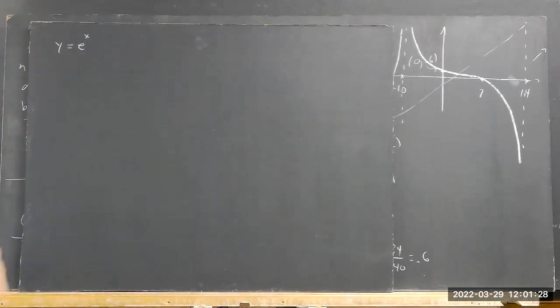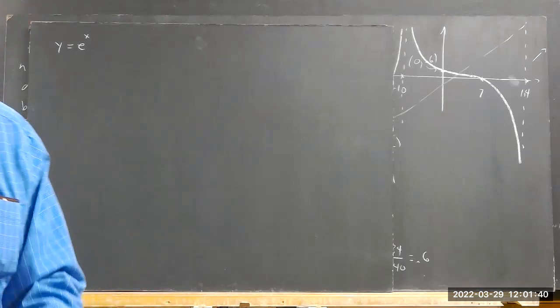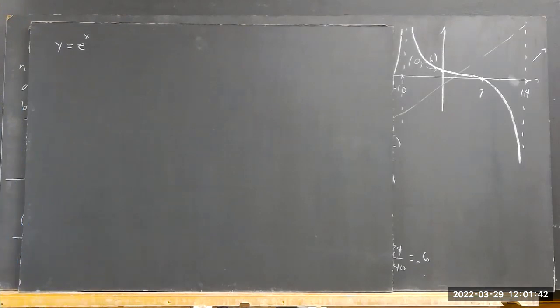Now, y equals e to the x is actually even more basic than y equals 2 to the x, but e is a little harder to deal with. Although your calculator deals with it fine. You've got an e to the x button on your calculator.